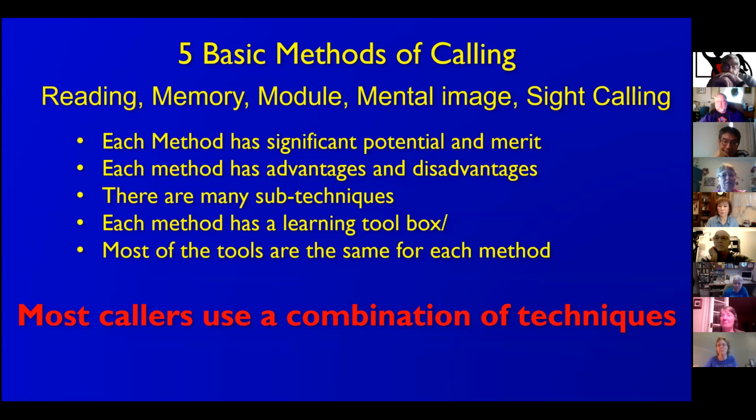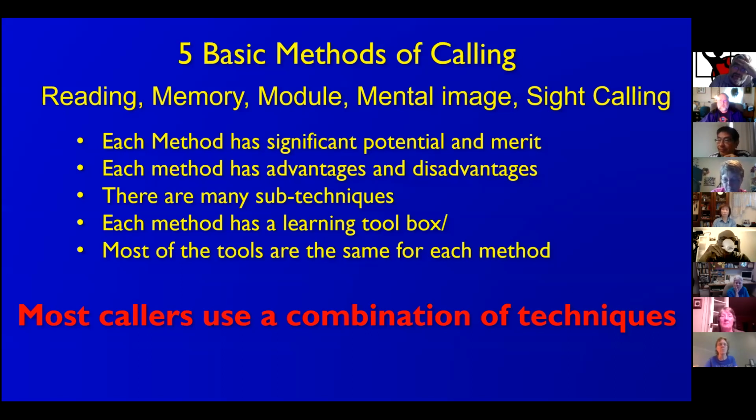Right, so I tend to make a lot of controversial statements, and today is not going to be any exception to that. In general, though, there is an agreement that there are really five basic methods of calling, and they are reading, memory, module, mental image, and site calling.